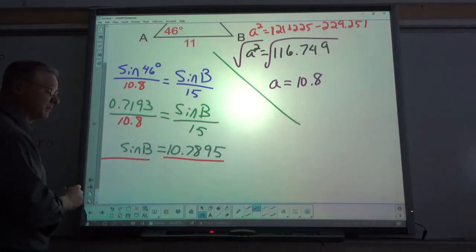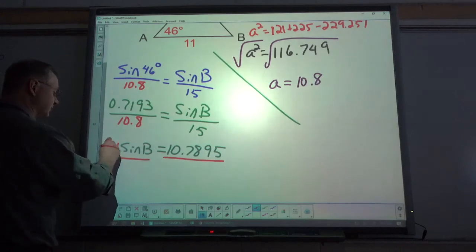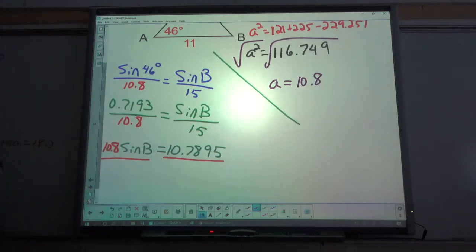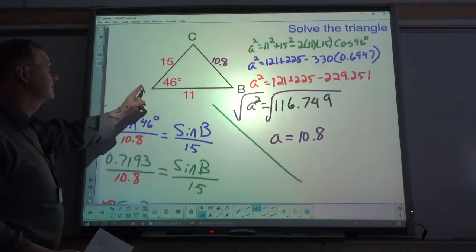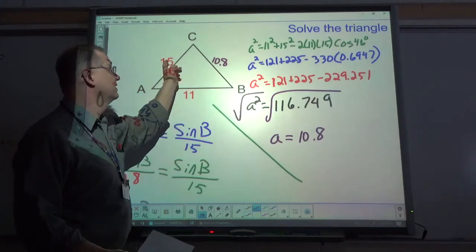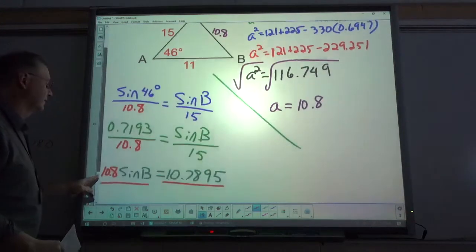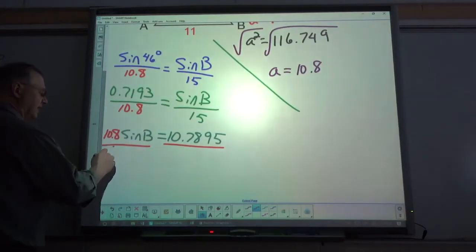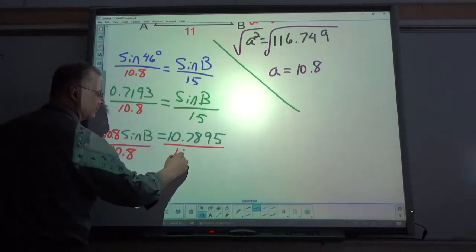See how easy it is to make a mistake if you're trying to rush? Take your time. Make sure you're putting in what sides you're working with. Angle A, side A. Angle B, side B. Okay, easy to make a mistake. 10.8 is what we're dividing by.